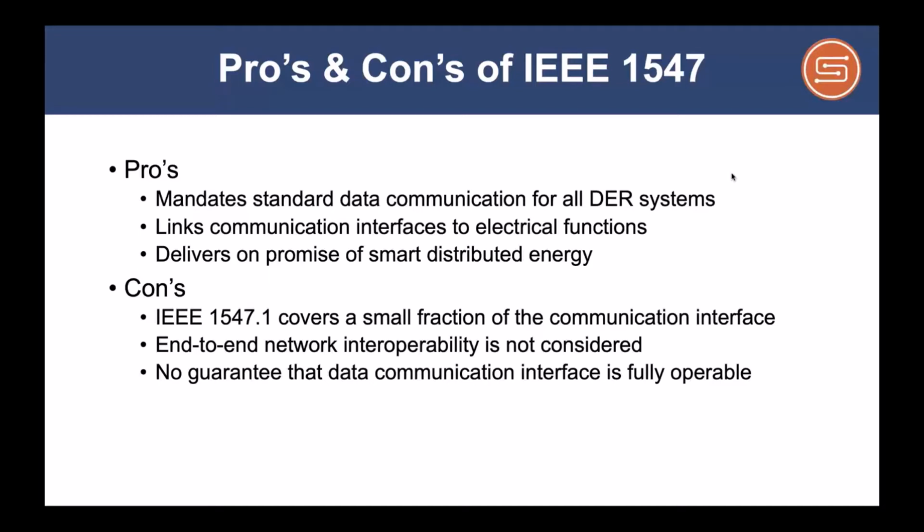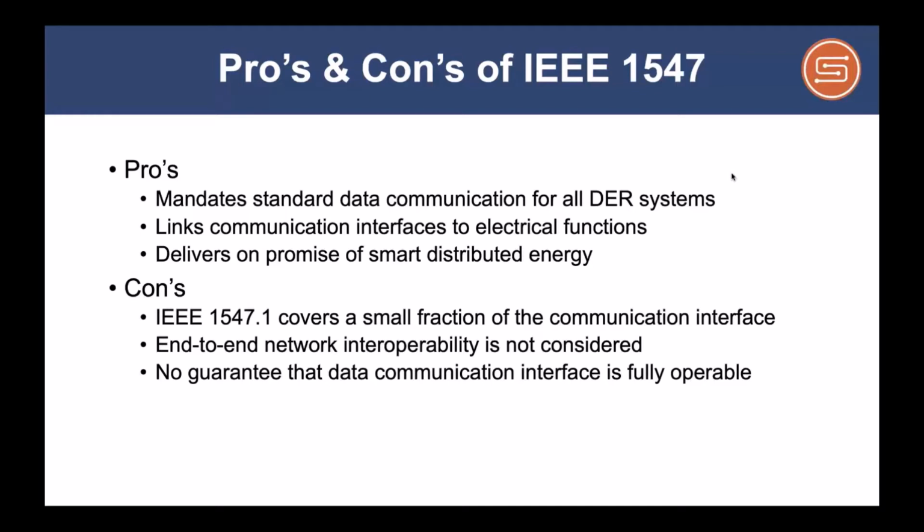IEEE 1547 has some drawbacks, though. And principal amongst those is that the testing procedure, the so-called IEEE 1547.1 testing procedure, covers only a small fraction of the capabilities of the communication interface. It ties together very specific settings for very specific functions and leaves the rest of the communication face unevaluated.